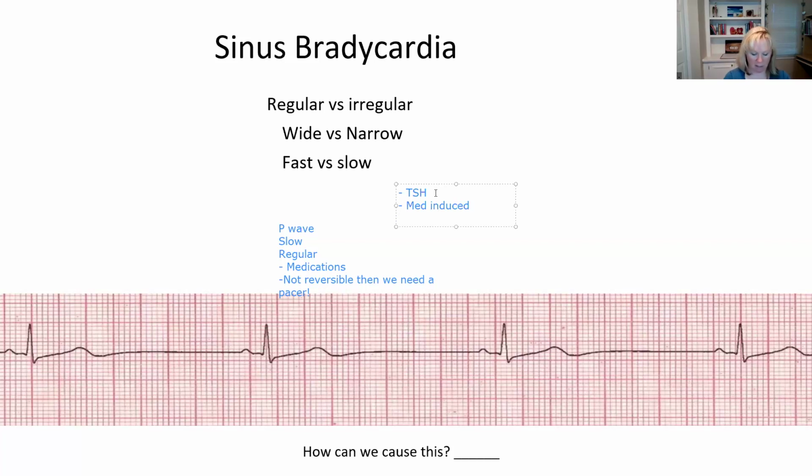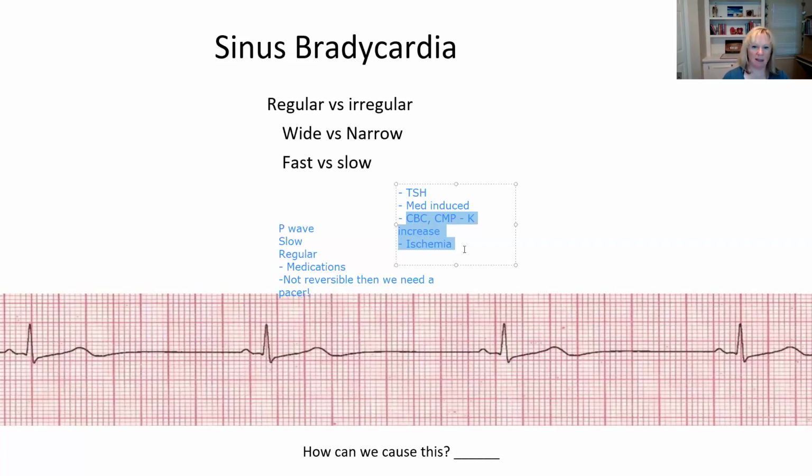And potentially we're looking at getting a CBC and CMP, looking at their renal function, because increased K can cause it. We want to think about all these things, and also ischemia can cause it. If we rule out all of these things, then we can start thinking about putting in a device in somebody if they have profound bradycardia.